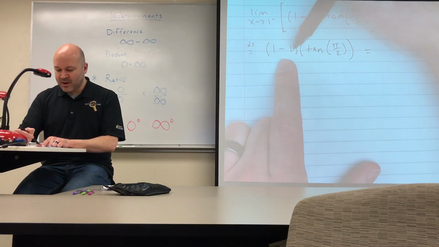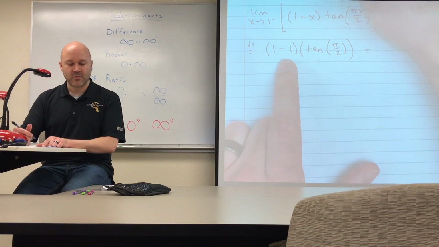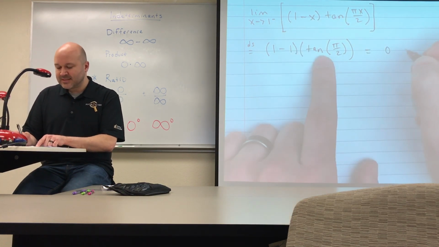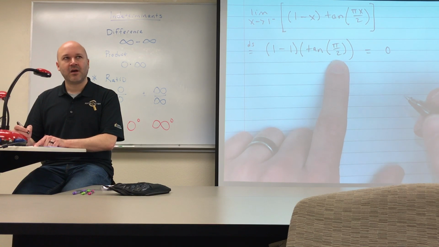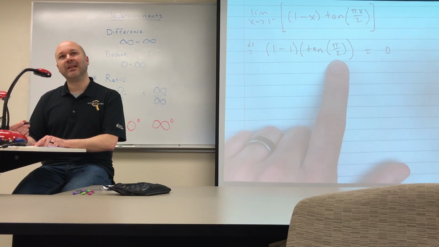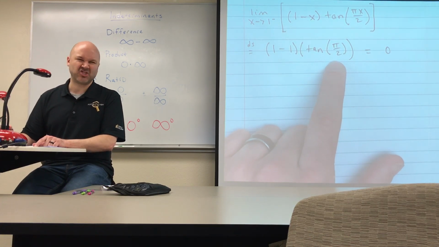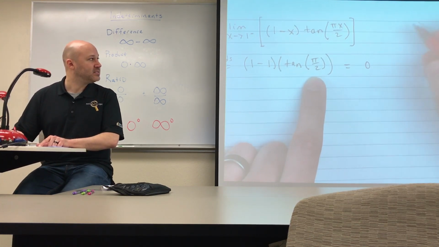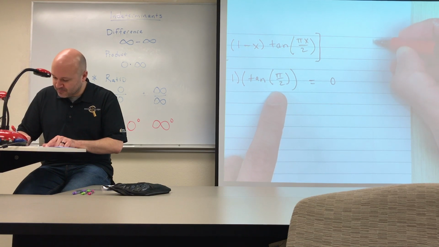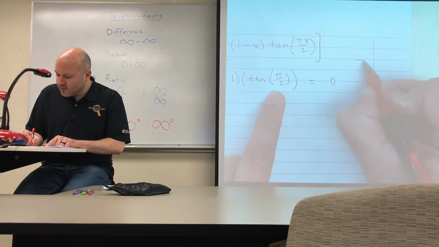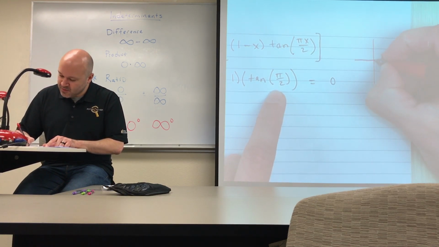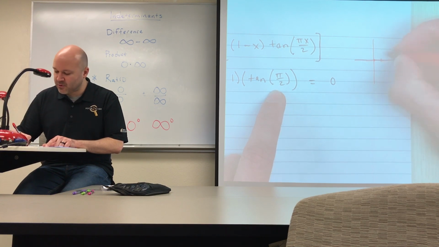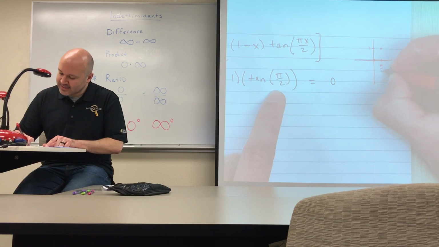So 1 minus 1, that's just going to be going to 0. Tangent of pi halves is undefined, but from the left. So let me just draw a picture of tangent real quick. Let's get my mind wrapped around what's going on. Tangent of 0 is 0. Tangent of pi fourths jumps up to 1. Tangent of pi halves is undefined.